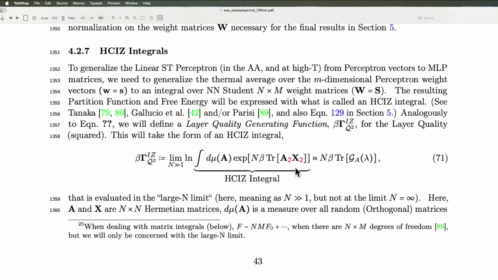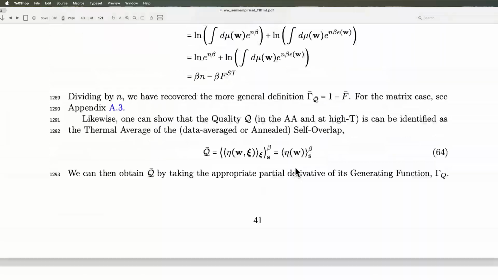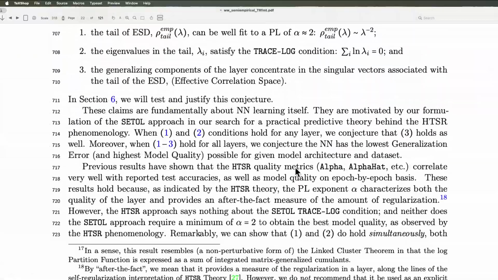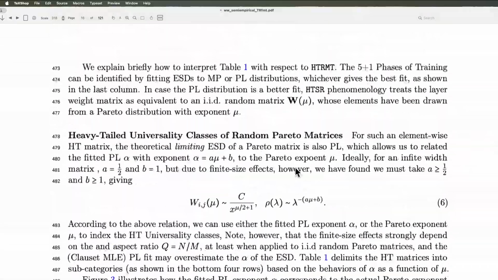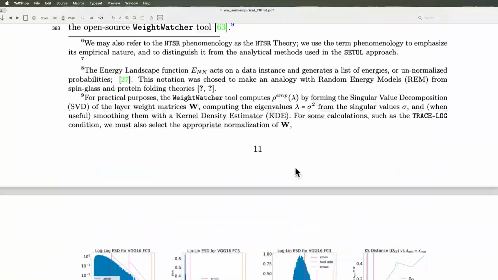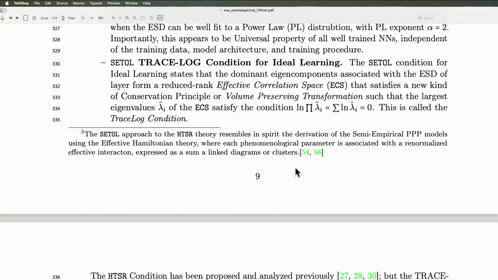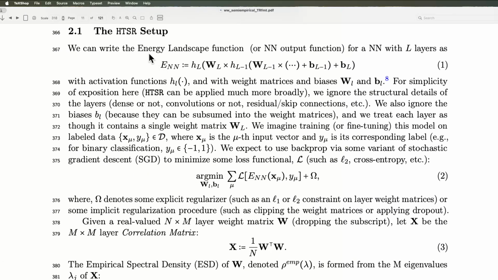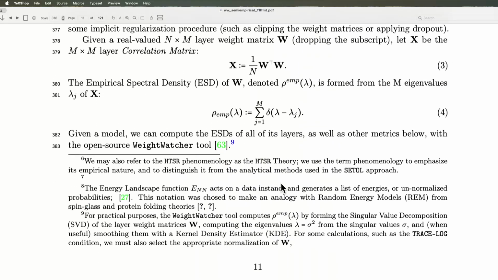Right. So earlier in the paper, way up here, I have to figure out some way to write down the total quality of a model, because it's a complicated object, right? Somewhere right at the beginning, we have an energy landscape with the energy function, the output. This is the thing we minimize.